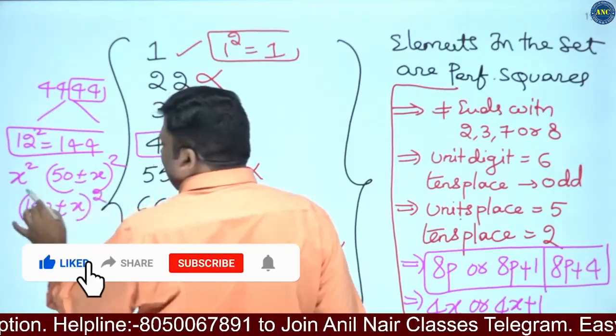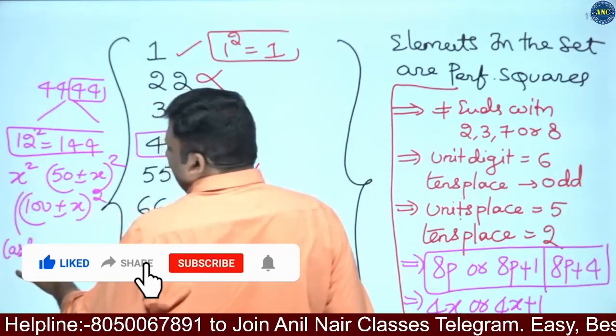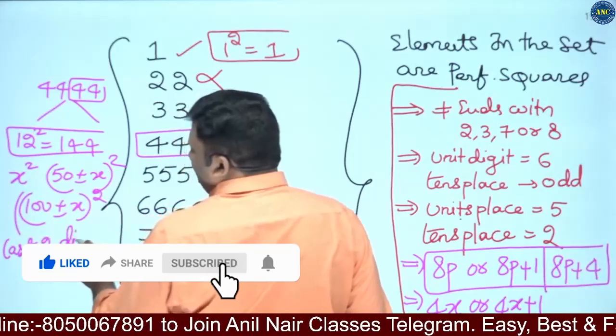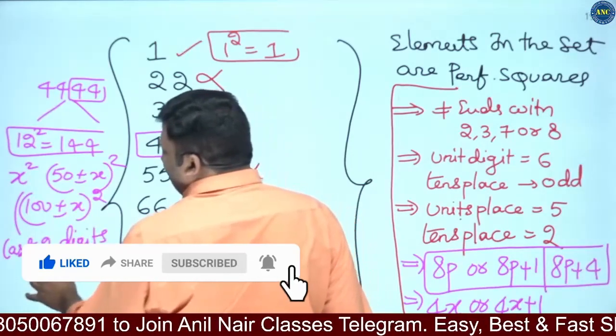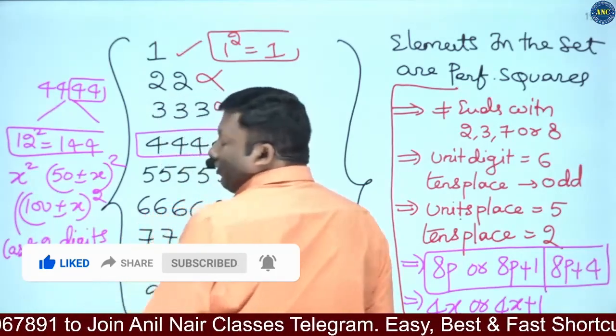Last two digits will be the same. These also I discussed. 12 square is 144.